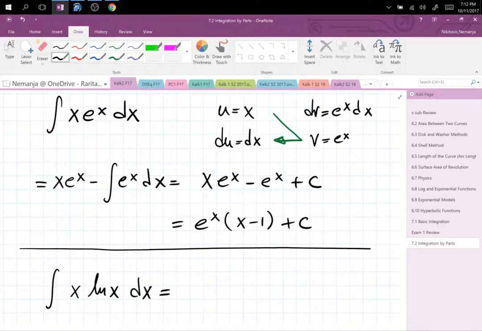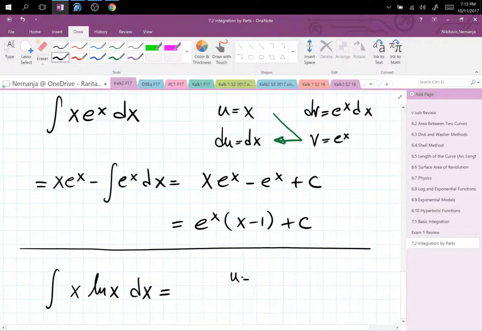Yeah, you did, right? Because you tried to choose x to be u, and it didn't work. You see, one of the tricks you learned immediately: things that you can't integrate yet, don't pick them as your dv. You don't know how to integrate ln. Yes, but we didn't learn that yet.